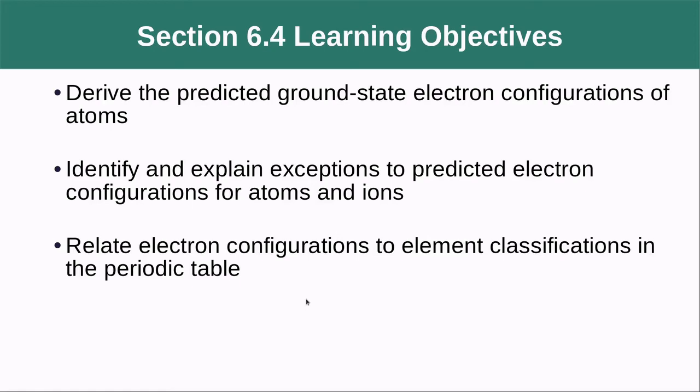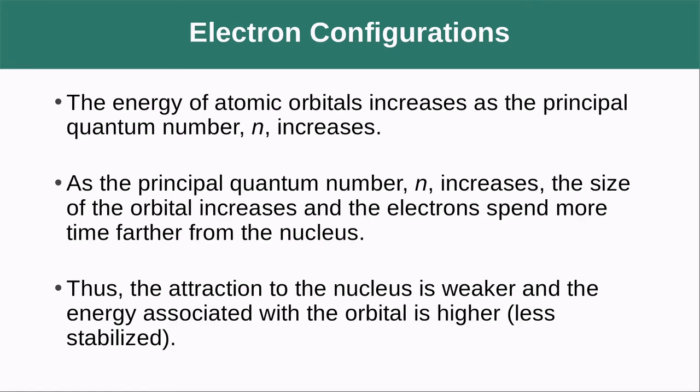All right. So in section 6.4, we're going to derive the predicted ground state electron configurations for some atoms. We're going to identify and explain exceptions to predicted electron configurations for atoms and ions. And we're going to relate electron configurations to element classifications in the periodic table. All right, electron configurations.